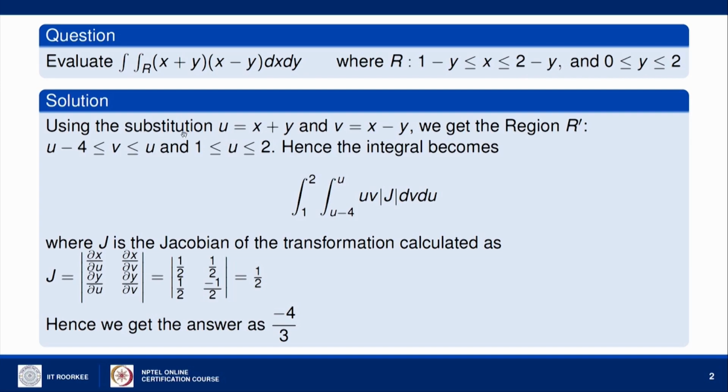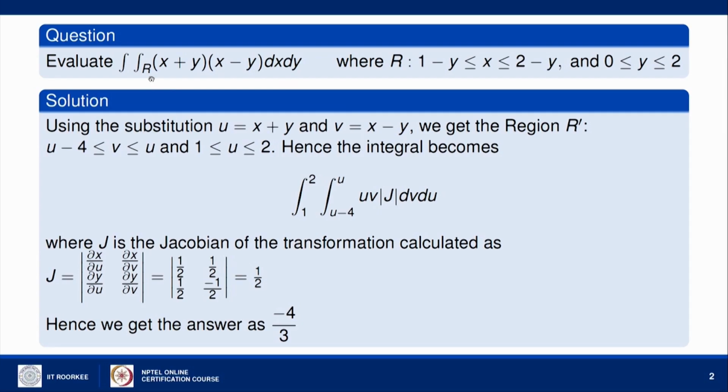So let us make a change of variables using these two transformations, that is u equals x plus y and v equals x minus y. If we use these two transformations, my region R transforms into R dash, which is given by v between u minus 4 to u, and u between 1 to 2.